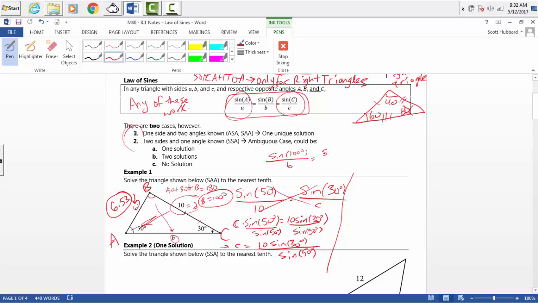So it would be sine of 100, a was 50, little a is 10. Okay, and then the same thing, just cross multiply and do that algebra, and what you get is that b is going to equal 10 sine 100 divided by sine 50.